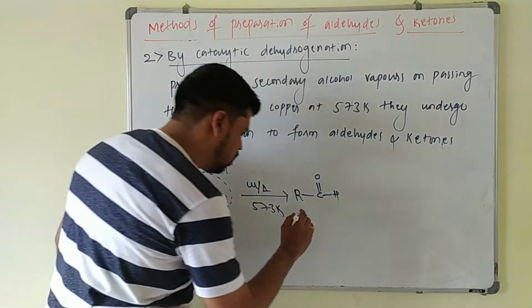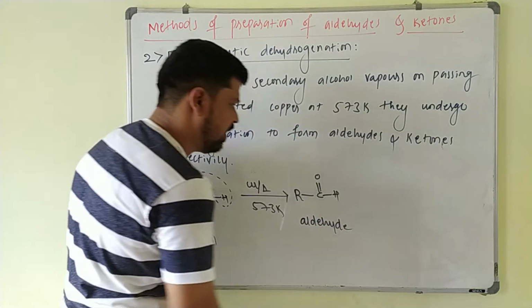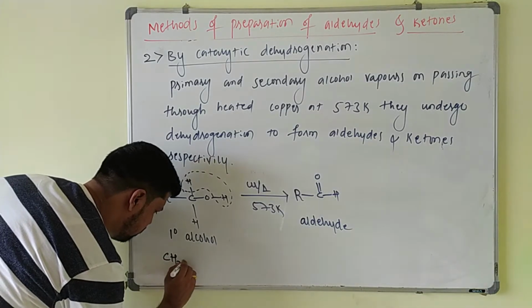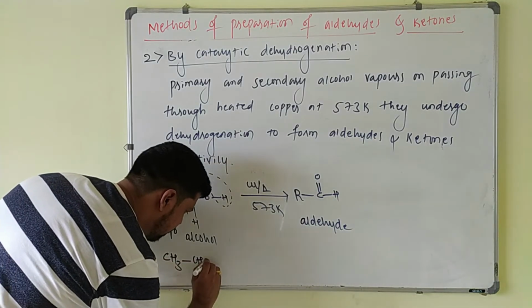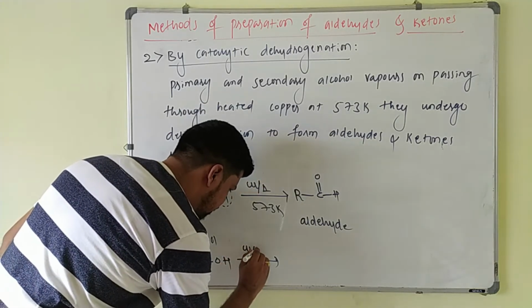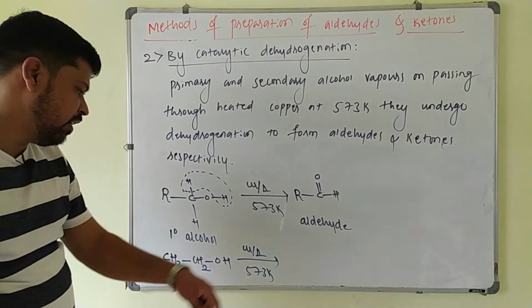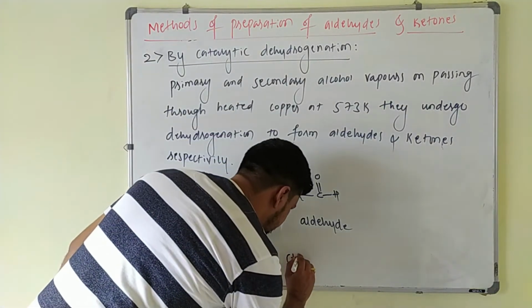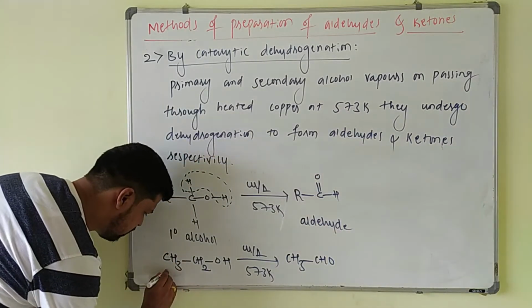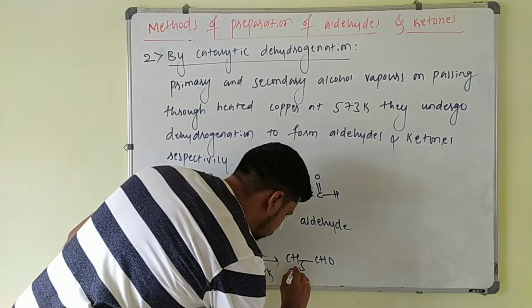So this is the primary alcohol which is converted into aldehyde. For example, if I take primary alcohol, that is CH3CH2OH, this on passing through heated copper at 573 Kelvin, it will be converted into aldehyde. This is CH3CHO, this is your ethanal, converted into ethanal.